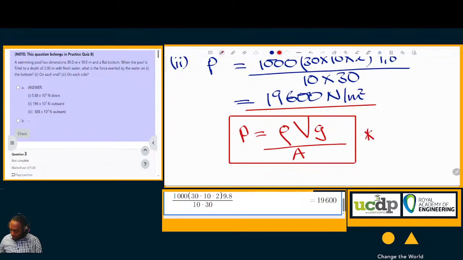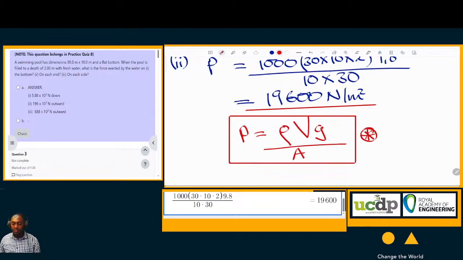So this is the same equation that you would use for that problem. The only change that you'd make for the last part would be to determine the area of interest. But otherwise, the density of water is known.